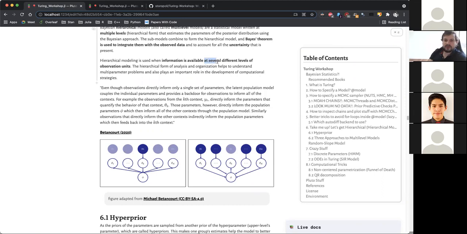We have several different levels of observation units. So this is something nice that we can take advantage of, that nested structure of our data, and we can use that to have better inference for our group level parameters, and we also can have a more coherent modeling of heterogeneity. That's the whole deal with hierarchical models.